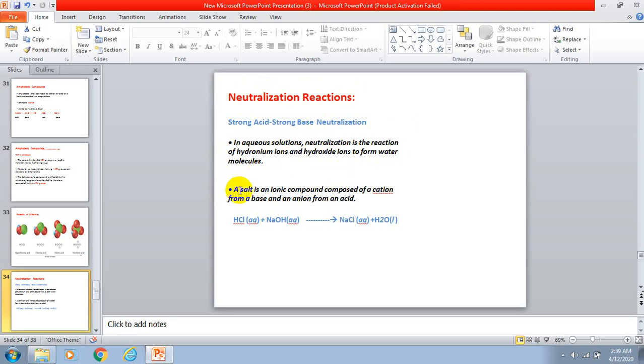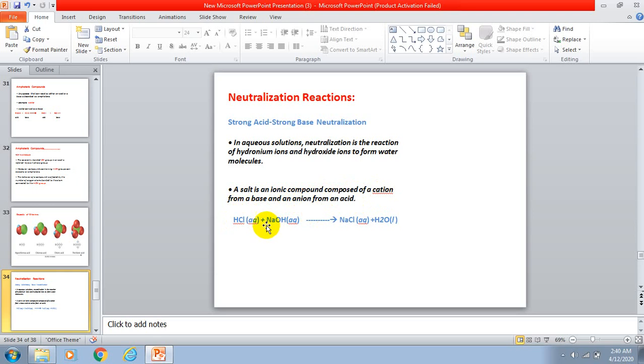Now look at an example. A salt is an ionic compound, of course, NaCl, consider it. A salt is an ionic compound composed of a cation from a base and an anion from an acid.